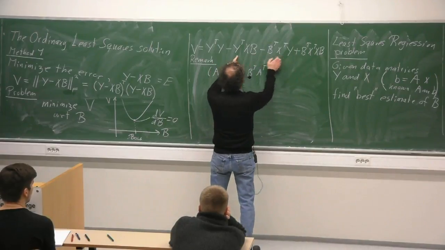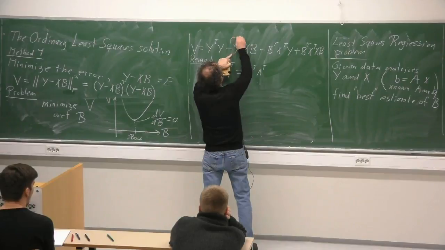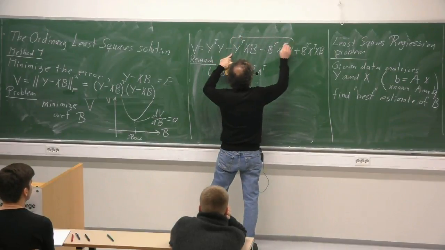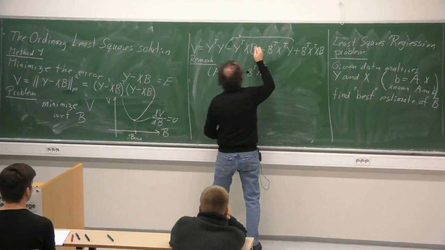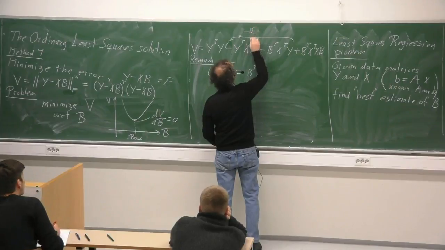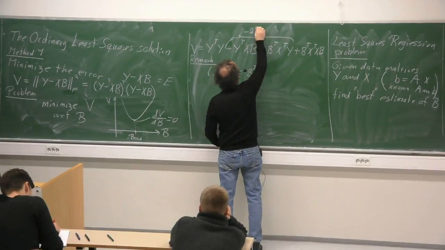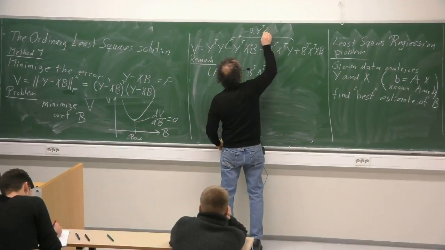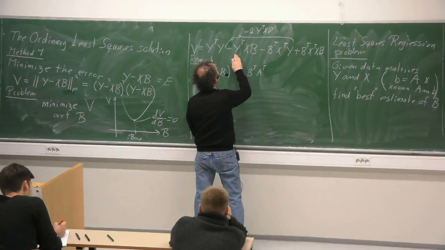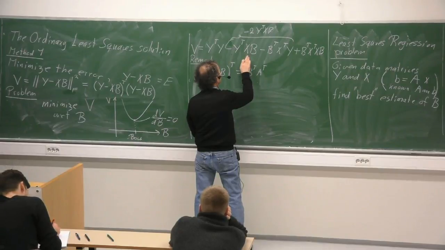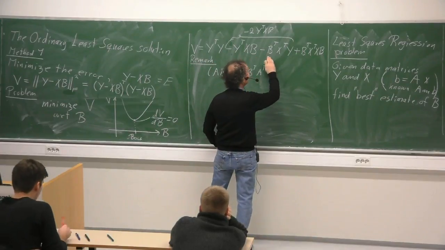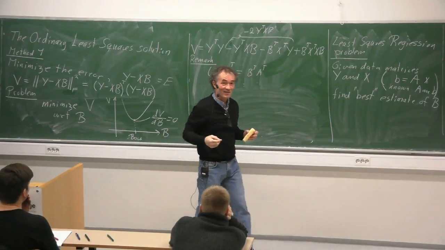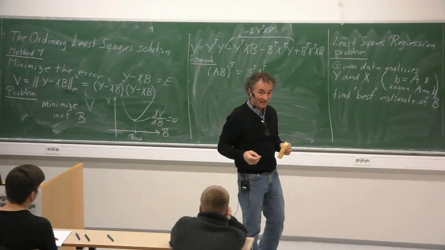And since we may simplify the first two terms in there as minus of this one. Because if Y transpose XB is a scalar, and if we transpose this one according to this rule, then the transpose of a scalar is equal to its scalar.